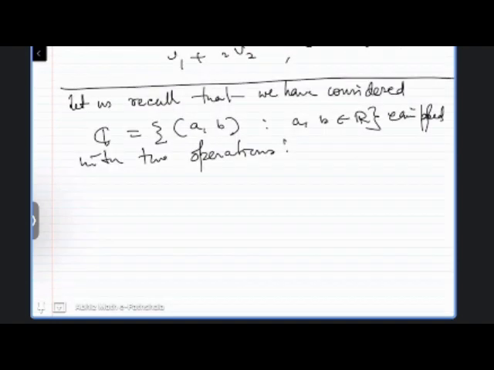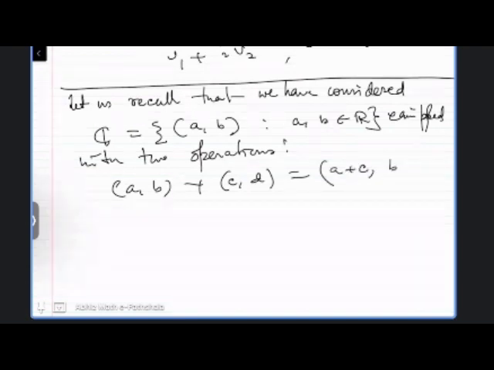What were the operations defined in C? First of all, the addition, which was component wise, as before: a plus c, b plus d, which is known to all.